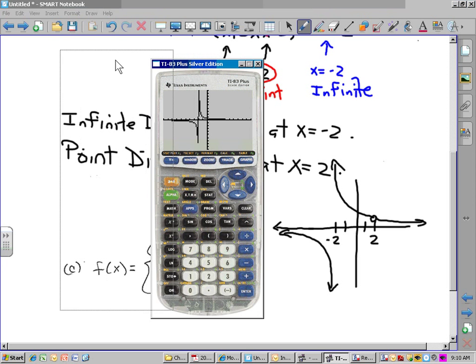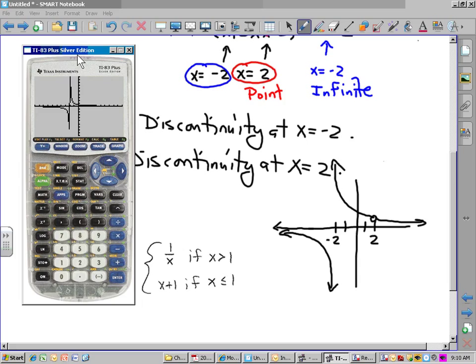So that's what we're really seeing there. So we have an infinite discontinuity. That vertical line kind of helps us decide where that's occurring. You can clearly see here at -2, that's where it's breaking to the infinity. At 2, we can't really tell what's happening. Again, we can calculate the value at 2, and there's nothing there. So there's definitely a hole.